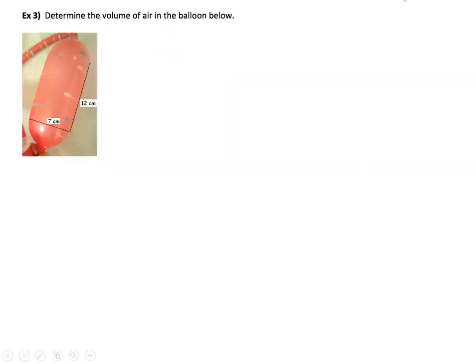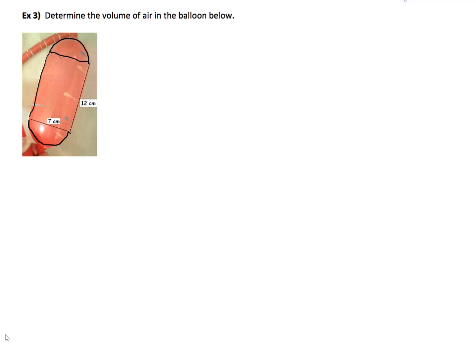Yes, this question with the balloon. It's a little bit weird to think about. Let me get my black pen here. Okay. The way you think about this question, because you guys haven't seen this before, it is a little confusing, is there's really a sphere here that's separated by this long tube, this long cylinder.